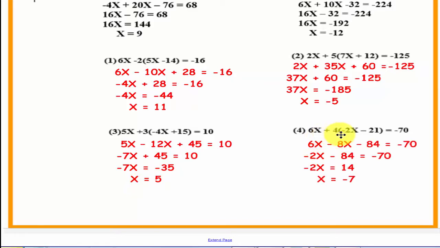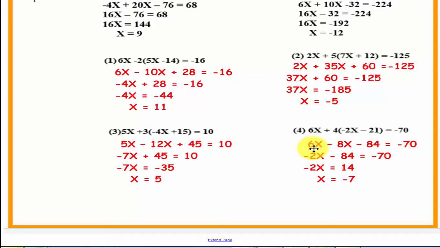Let's look at this one. We have 6x plus 4 times negative 2x plus 21 equals negative 70. Okay, simplify. Bring the 6x down, and we have 8x, but how did we get that? Well, positive 4 times negative 2 is negative 8x, and 4 times 21 is 84, equals negative 70. Simplify.